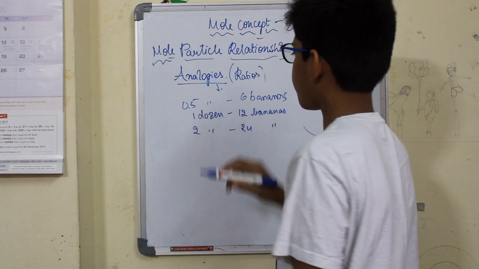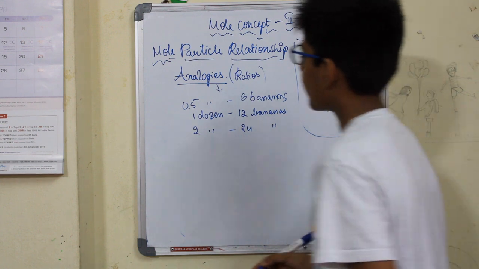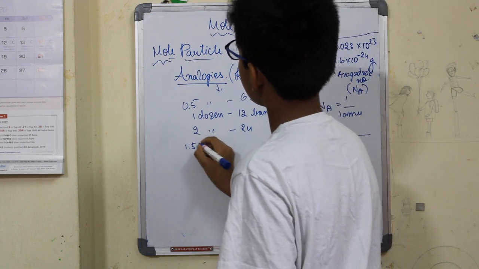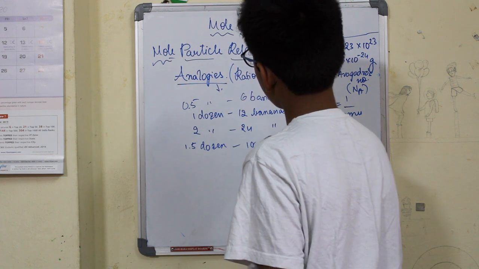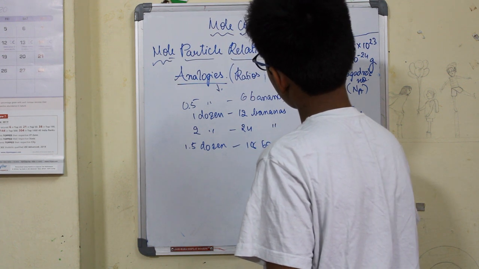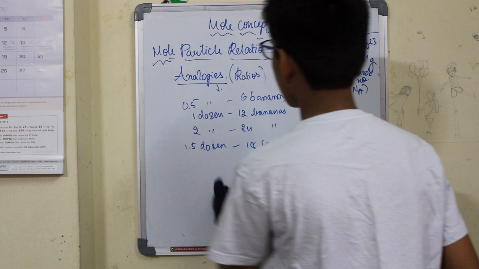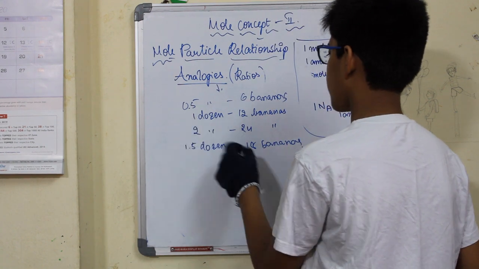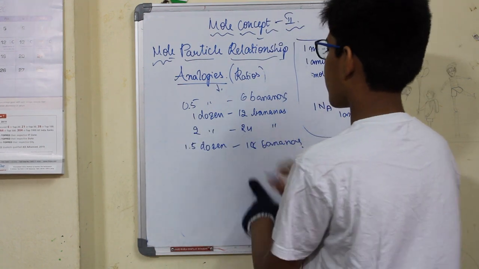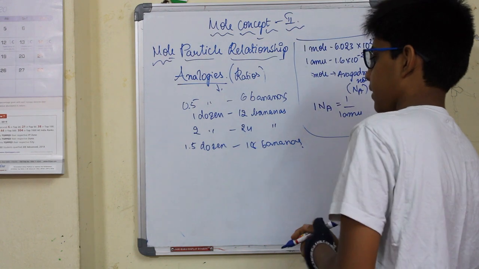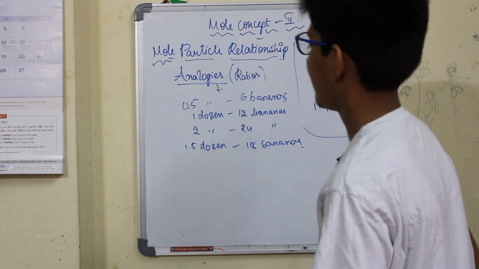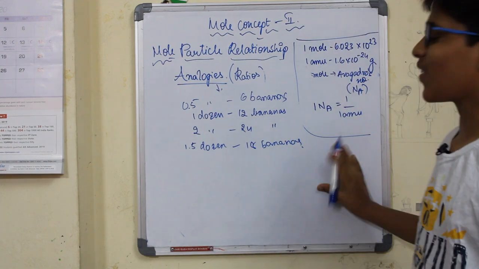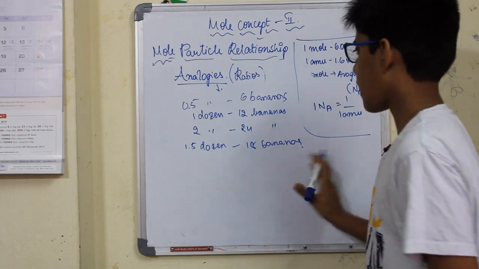Understood? Very simple unitary method. And then if I say 1.5 dozen, it is 18 bananas. This is also a unitary method. 1 dozen is 12 bananas, 1.5 dozen is 1.5 into 12 divided by 1. Am I correct? Yes, it's correct. So this is what analogies actually are.